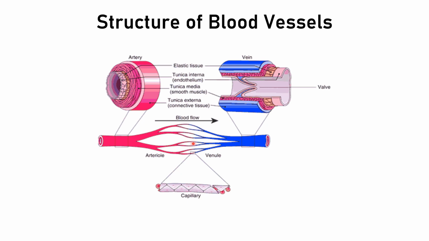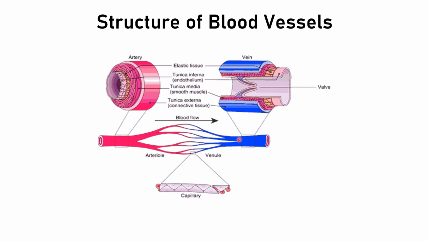When these capillaries start joining, they form veins, and the smallest vein is the venule, and the smallest artery is the arteriole. Right, students? Once the exchange of gases and nutrients takes place, again they take away carbon dioxide and waste.